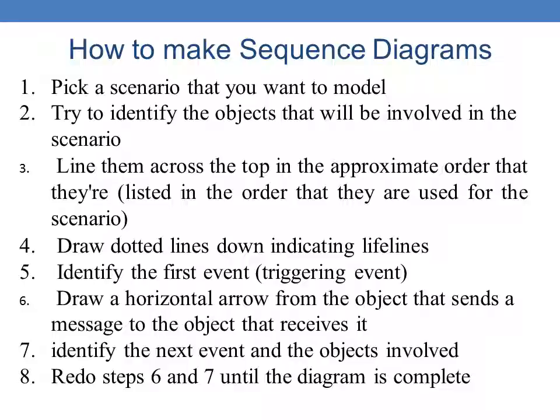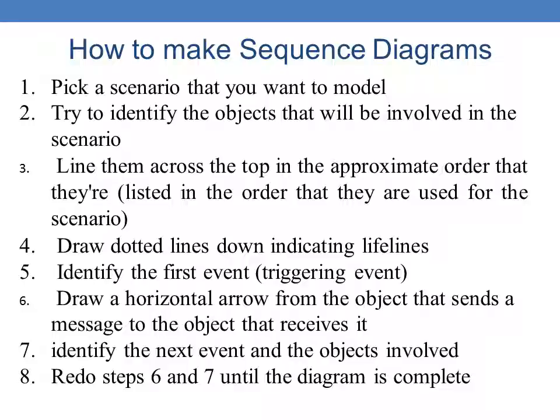How to make a sequence diagram? Step by step they've given. Pick a scenario that you want to model. Scenario means one by one. Write the steps, then try to identify the objects that will be involved in the scenario. Line them across the top in approximate order, in the order that they are used in the scenario.